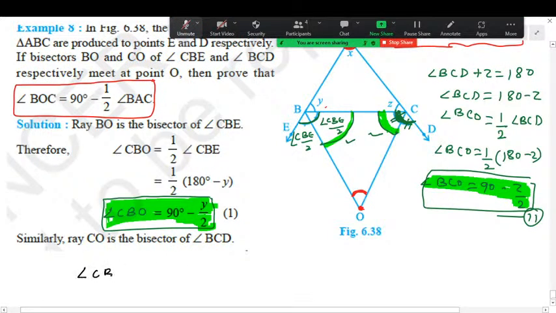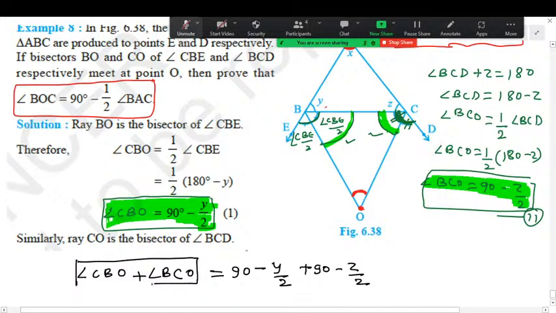If you are adding CBO and BCO, you will add the LHS part and you will add the RHS part. I'm going to write CBO plus BCO as 180 minus angle BOC.